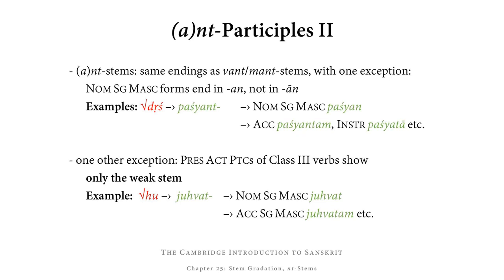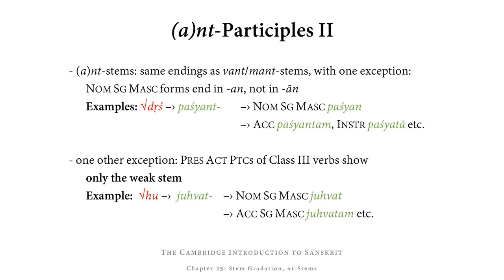There is one other exception, and that concerns not the endings but the stems. Ant participles and nt participles have the exact same stem gradation as vant-mant stems, with the exception of the present active participles of class 3 verbs, which only ever show the weak stem.